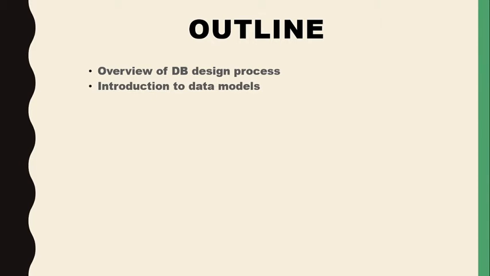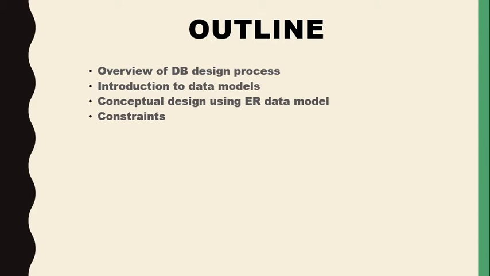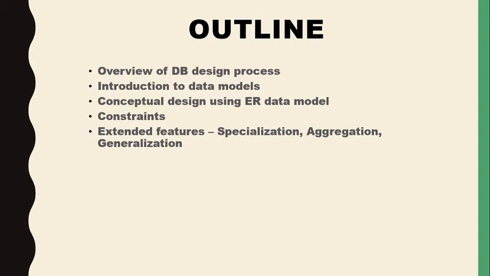A data model is one of the architectures of a database management system. Third, conceptual design using the entity relationship data model, different constraints, extended features, specialization, aggregation, and generalization.